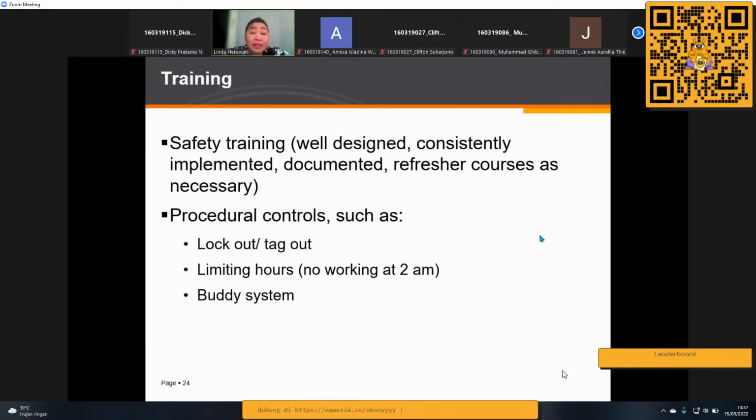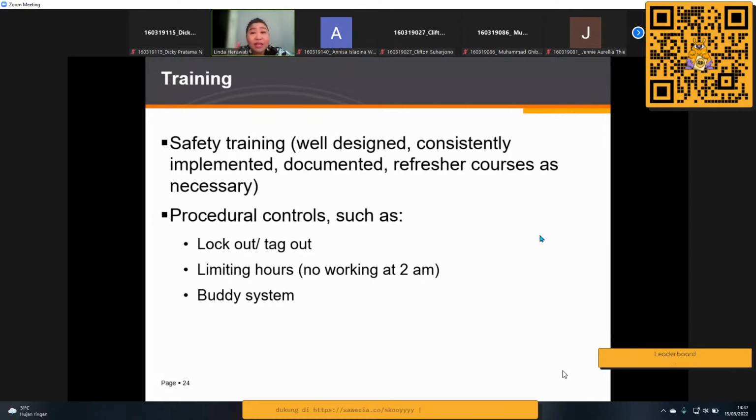And the third one, for the procedural controls, you can create the buddy system. What is the buddy system? It means in every condition, you need to check with your buddy. You're not doing it by yourself, but you have a buddy. For example, when you are checking the machine, you are checking whether the interlock system is running well. When you are checking, is the guard also in the right place?